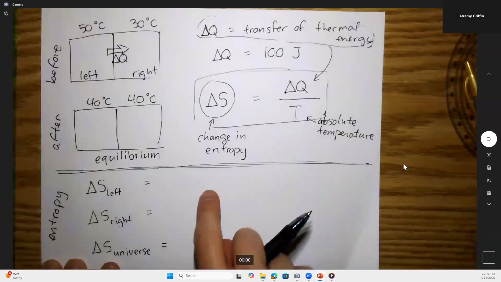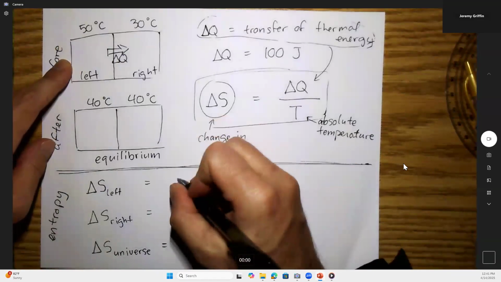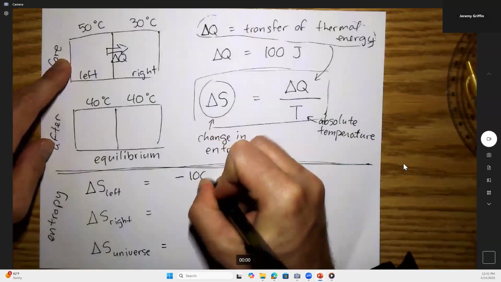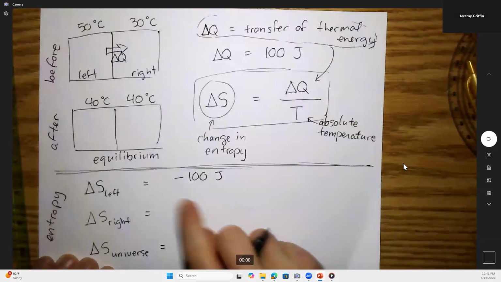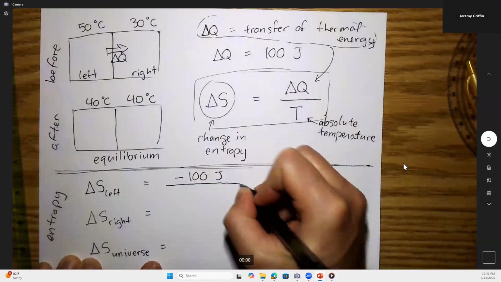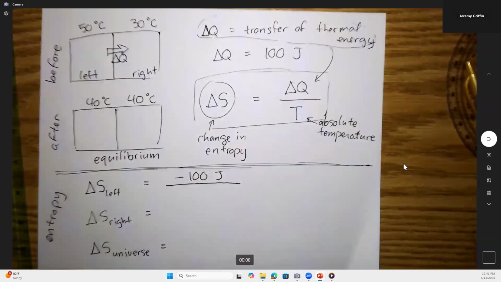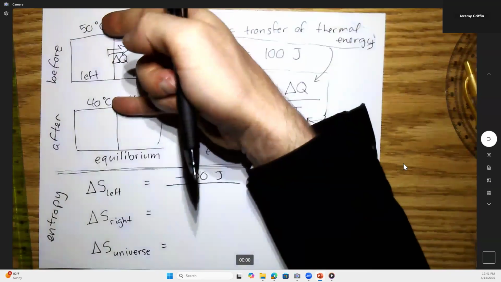So let's set up this equation right here. I know that the left box, which was the hot box, is going to lose 100 joules, because that's what this is right here. I just made up a number. So it loses 100 joules, so that's negative 100 joules. And this happens at what temperature? Well, now here's where it's a little tricky. I'm going to make a little simplification. Doesn't it during this process go from 50 to 40 degrees Celsius?